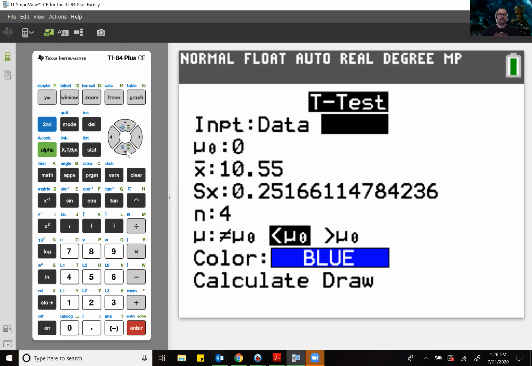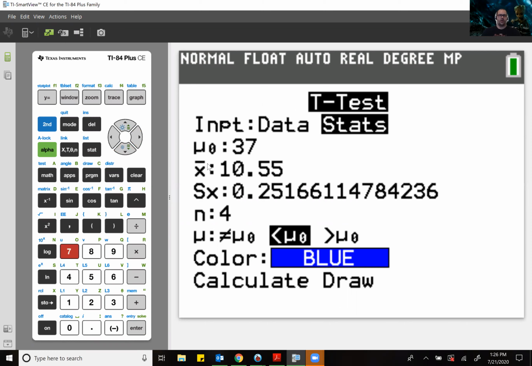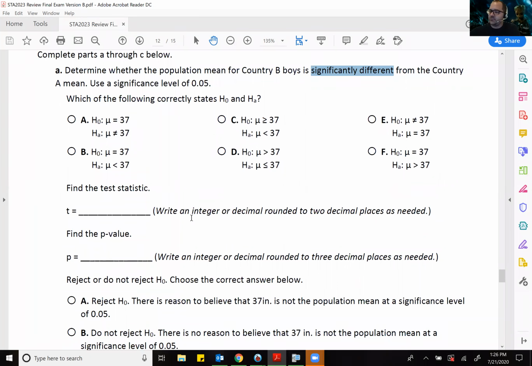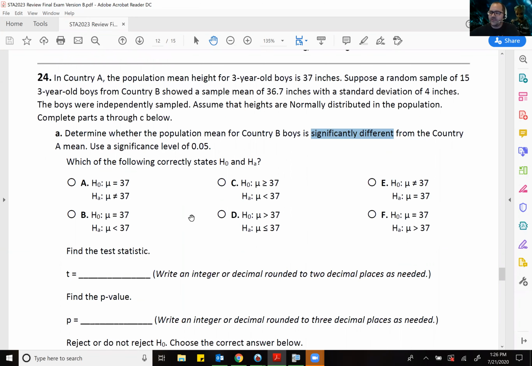When we do that, we know that our mu, that's our population, is 37. Our sample mean, they told us up above, is 36.7. Our standard deviation for that sample, or S, is equal to 4.